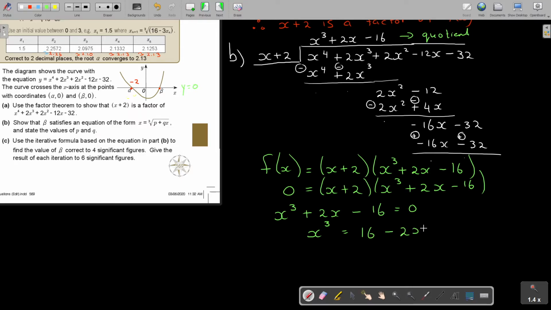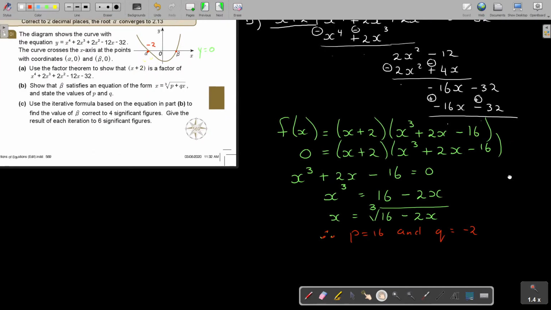I prefer writing the negative one at the back. Okay, and then it's the cube root. So from this, therefore, I like always to go for my root in red. Therefore, the value of P is 16 and Q is negative 2.